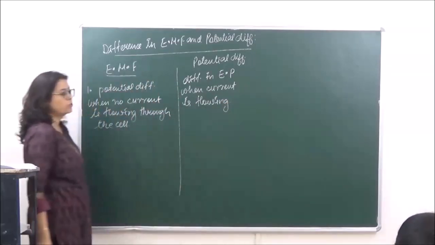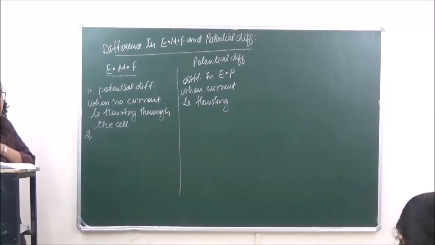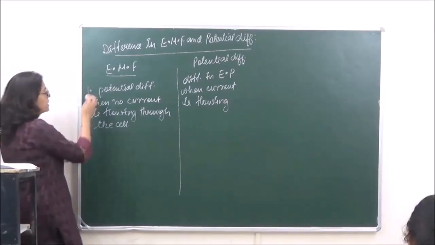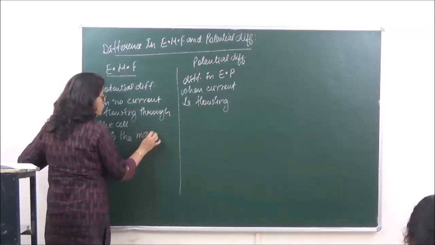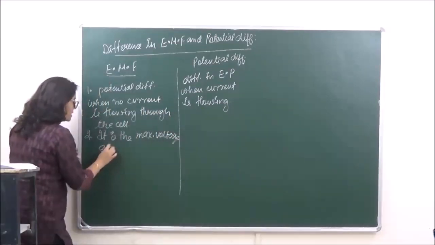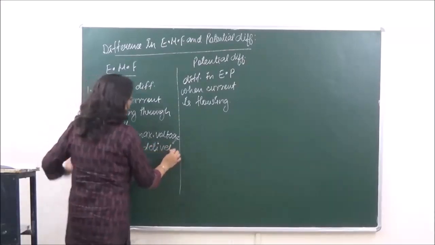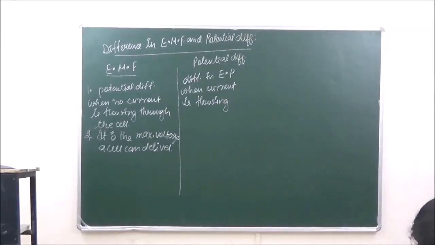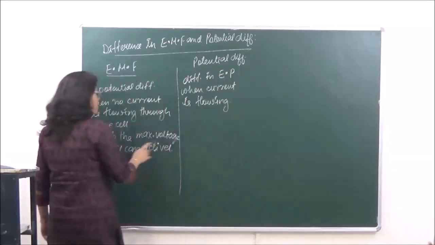When current is flowing through the cell. Okay? Then the second difference, the EMF, it is the maximum voltage that a cell can deliver. Whereas when we are talking of potential difference, then it is less than maximum voltage.